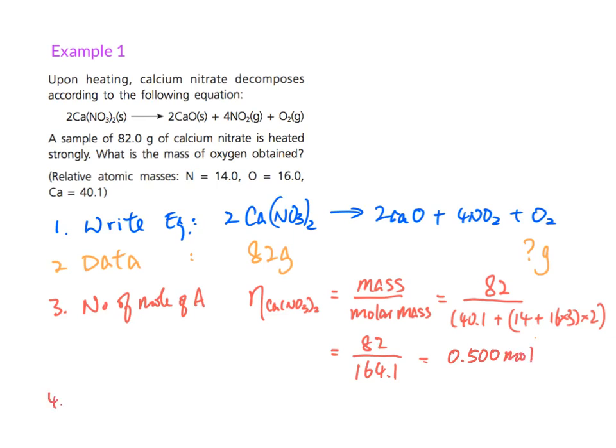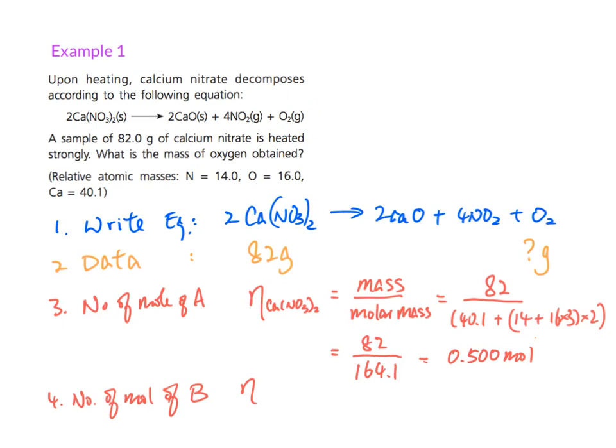After that, we find the number of mole of B. That means you go from calcium nitrate to find oxygen. You use this number of mole to find the number of mole of O2. Normally we use the mole ratio.